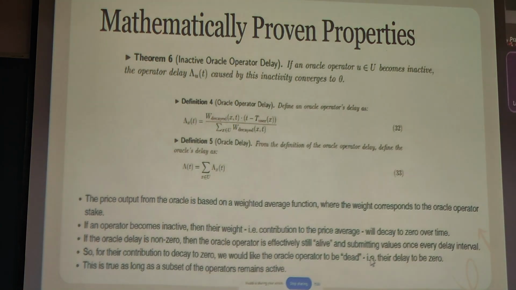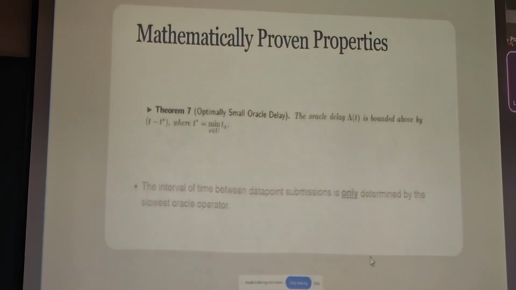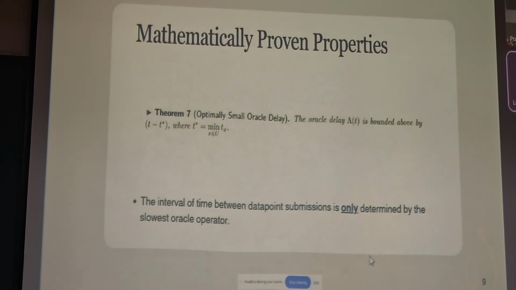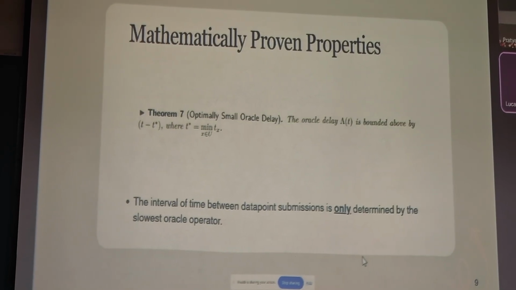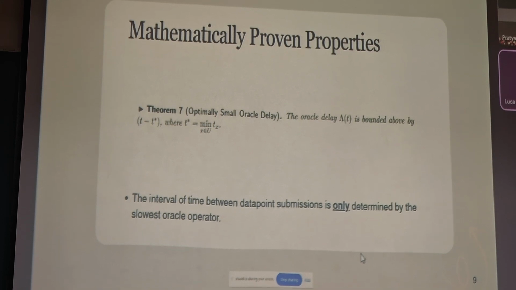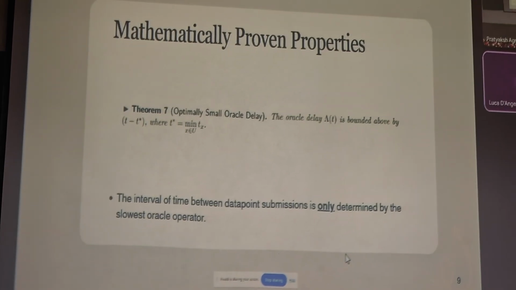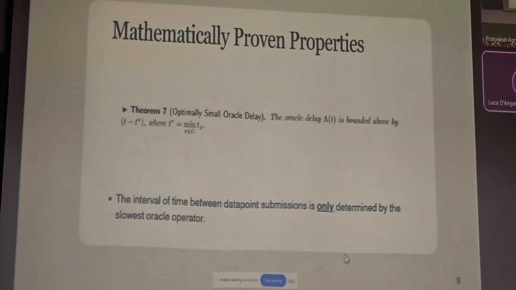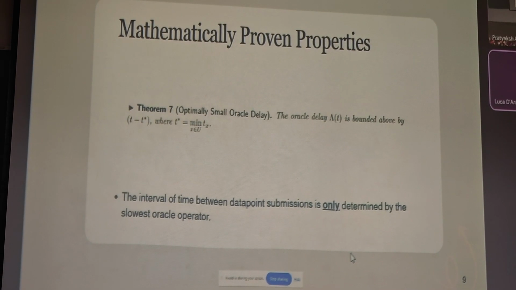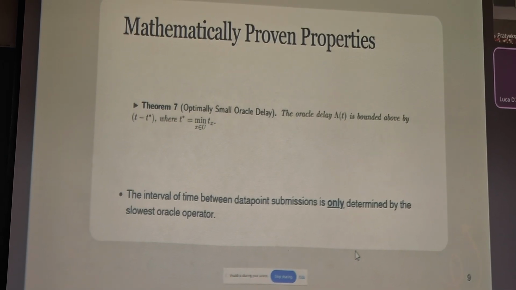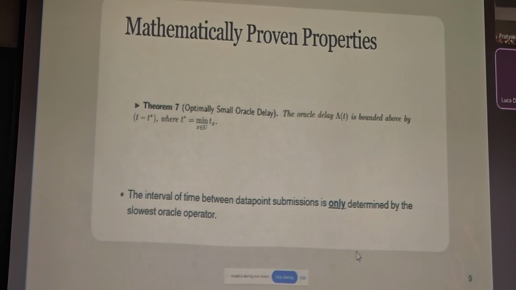This is how we define the delay of the entire Oracle. This sum is bounded above by the current time minus the time of the slowest or most delayed operator.